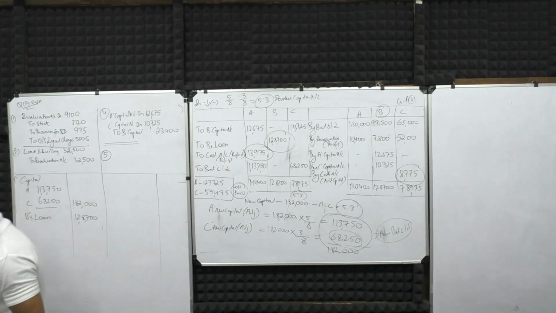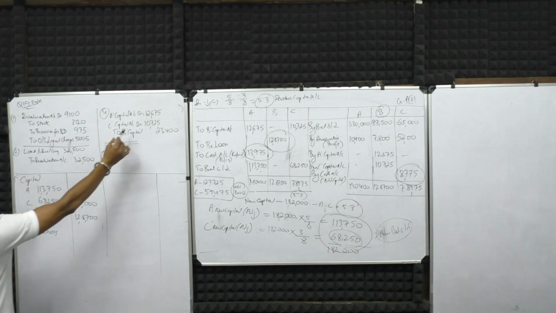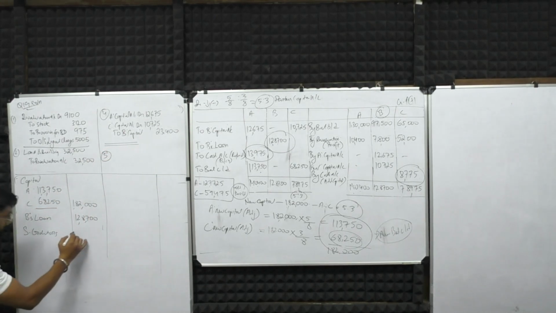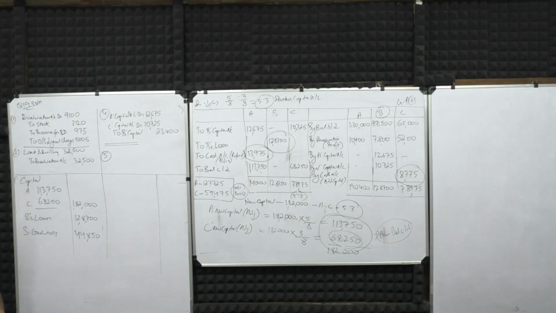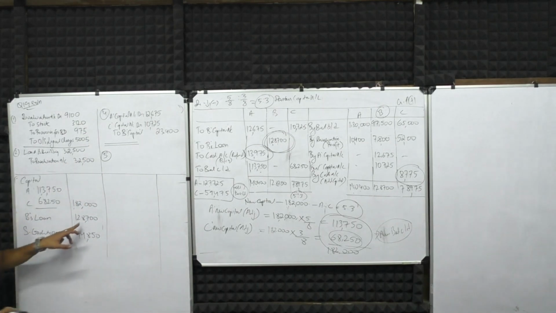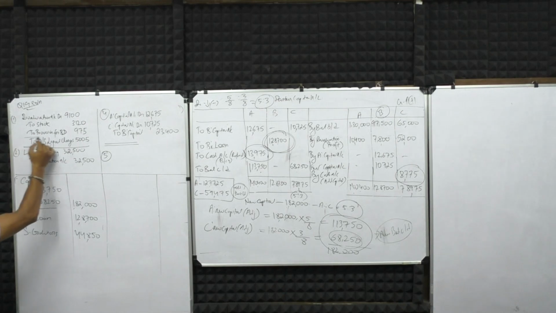Next. Sundry creditors, are there changes? Revaluation here. New balance sheet. New liability. Revaluation to asset, and liability credit.